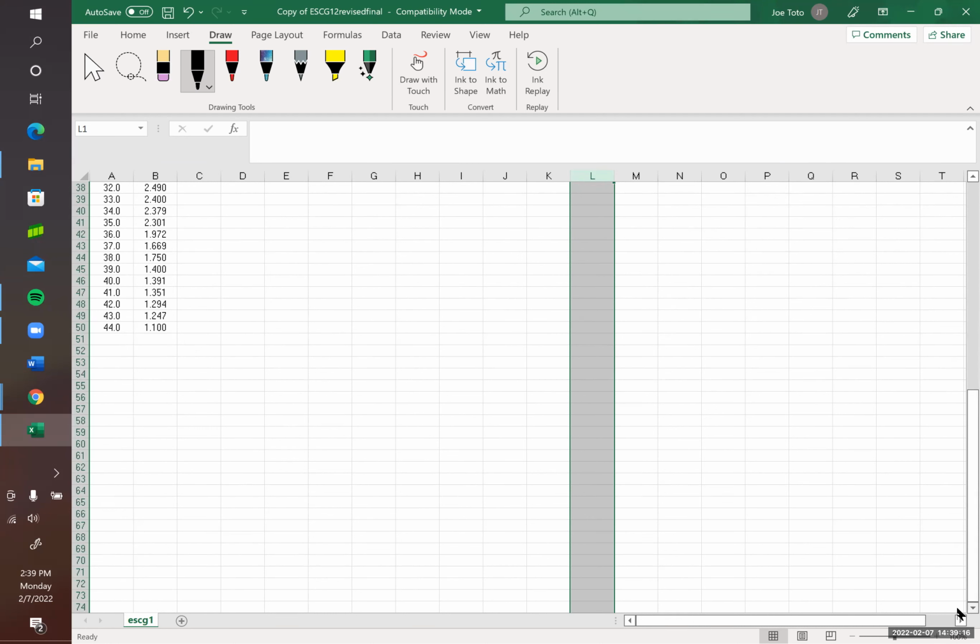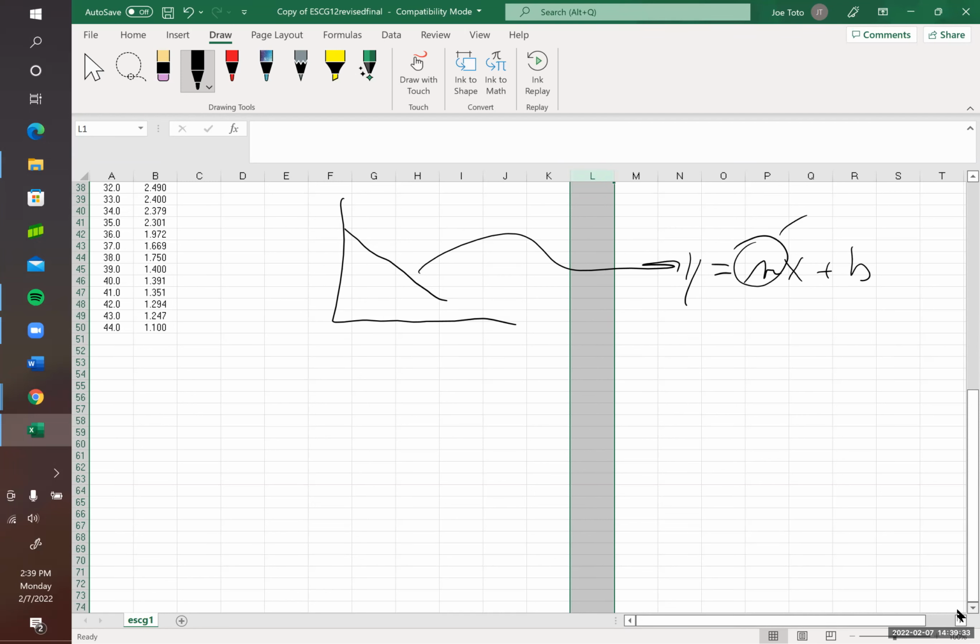Well, you have a plot, and Excel fit this to y equals mx plus b. So m is some number, and b is another number that Excel gives you.